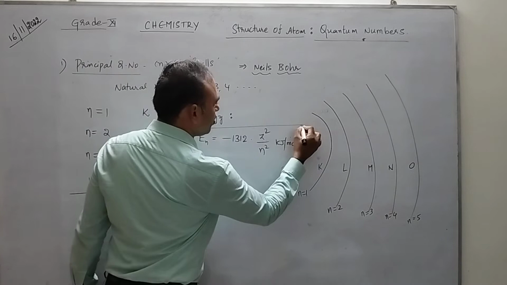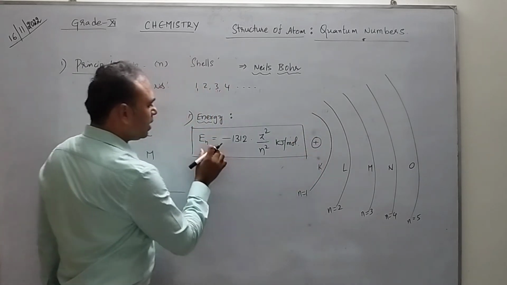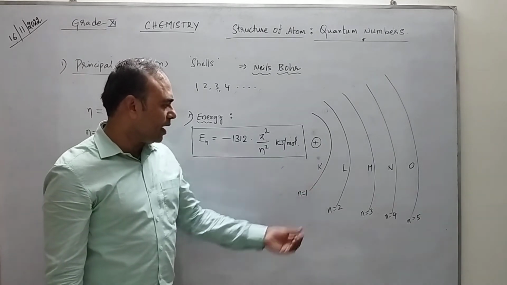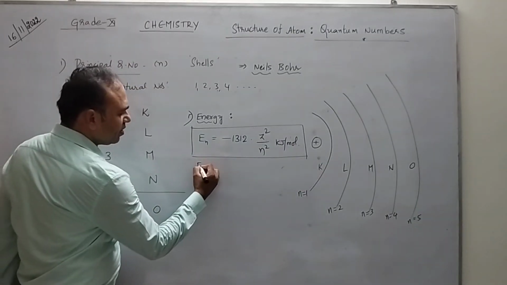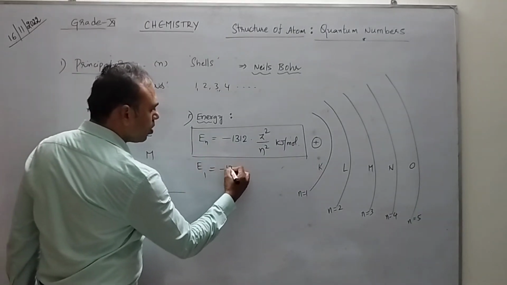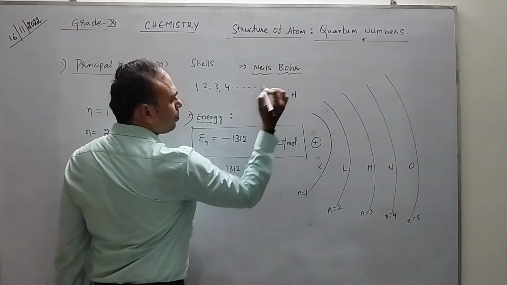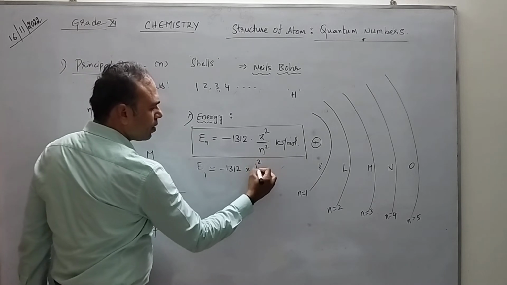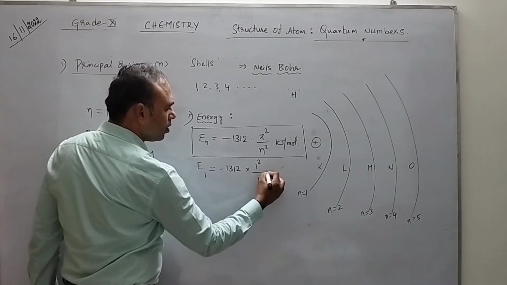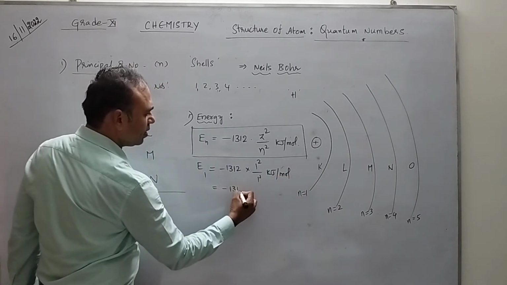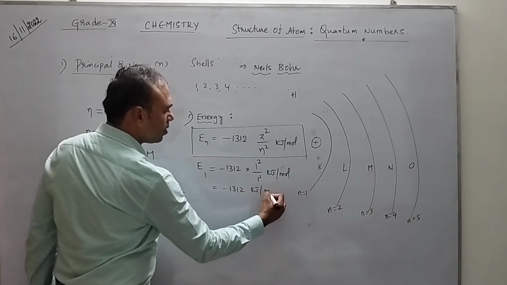So using this formula you can calculate the energy of a particular shell. For example, if you want K, so we can write like this: energy of K, E1 is equal to minus 1312 into, if it is for hydrogen, Z is 1, so n is 1. So nothing but you will get minus 1312 kilojoule per mole.